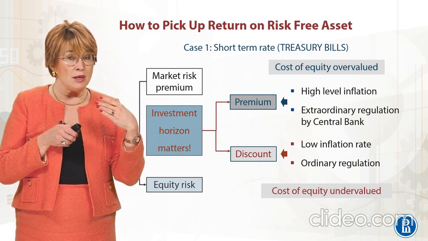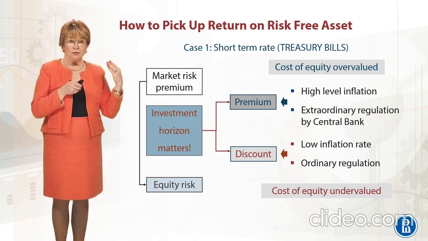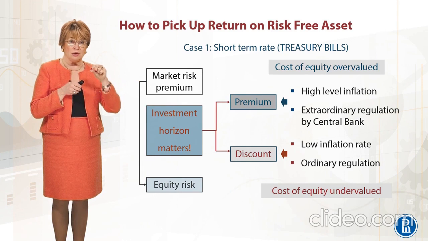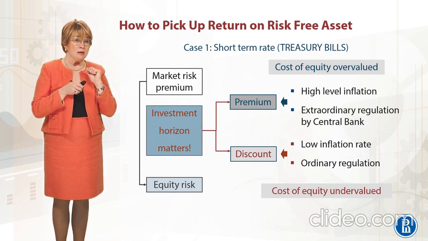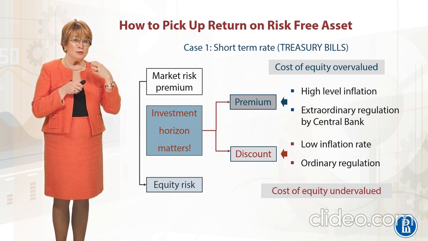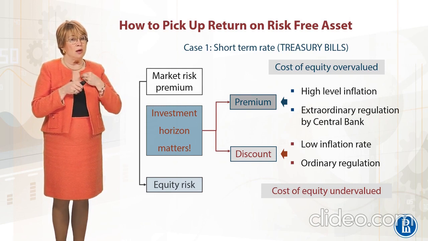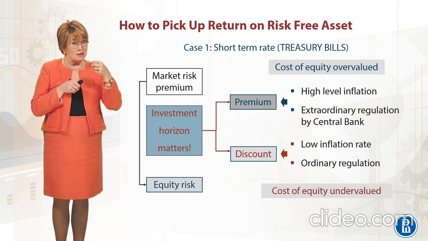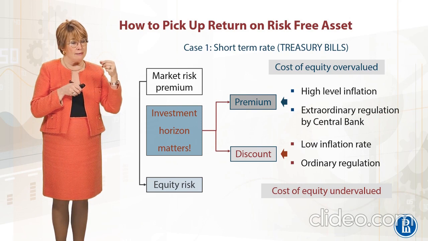When we are looking at the risk-free rate being the short-term rate based on treasury bills, we are trying to incorporate it into the calculation of the expected rate of return for the risky asset of some target company A, let's say. Then the market risk premium will be sensitive and dependent on our decision that we are picking up treasury bills but not treasury bonds. Why?